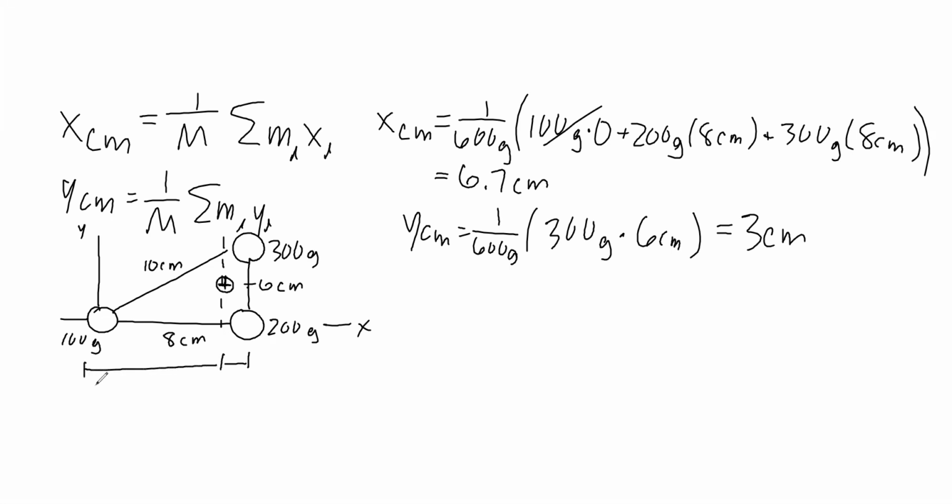So the factors are that 100 times 6.7 has to equal 500 times 1.3. Sure enough, that's what we get within sig figs. So that's another feature of the center of mass. If the rigid body was instead a continuous object, you would do an integral, and the integral is not that hard.